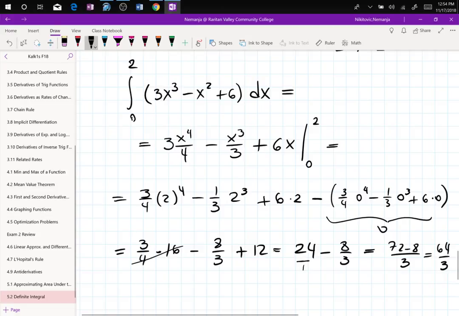It's really straightforward to calculate this. If you know antiderivatives from 4.9, you will be able to obtain the second line. Now you're learning F of b minus F of a, the way to compute definite integrals. So if you know that, you are able to compute the third line. And then do the arithmetic to get the 64/3.